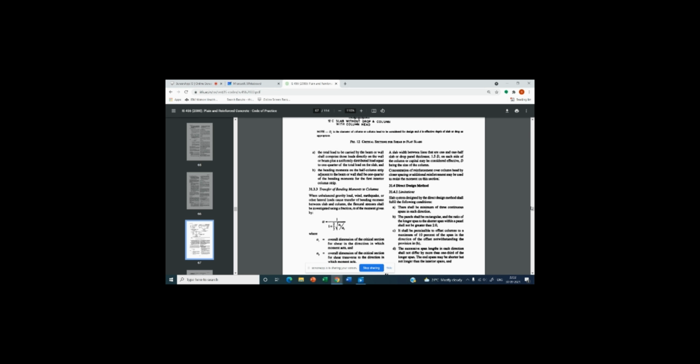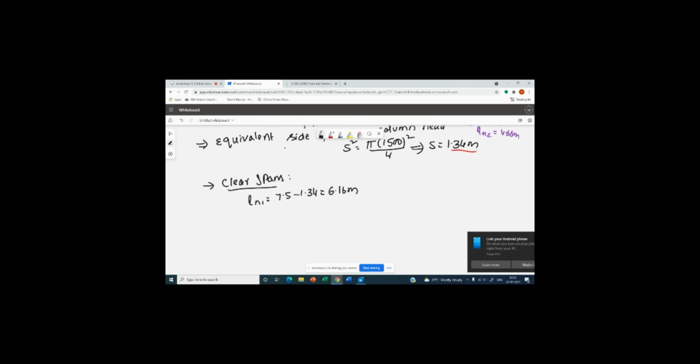So 0.65 into 7.5 is the limit for the clear span. In the same way in the transverse direction, 6 minus 1.34, that is 4.66 meters.